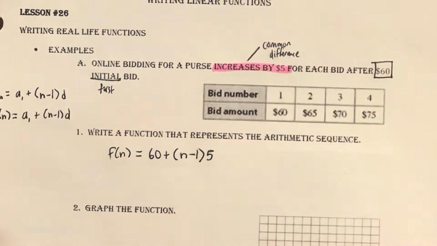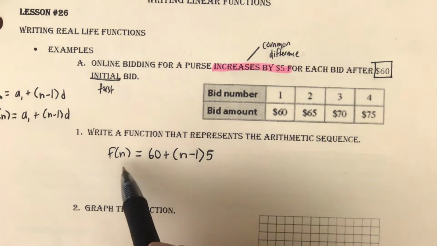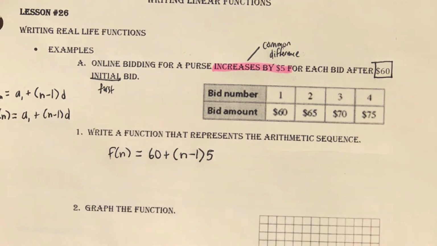So times 5. And that would be my function for this. And I could use that information if all they tell me is the place or position of the term, the n, right? I could plug that information in here and figure out what the term was in the order of the bidding. All right, so that would be how we write the function of this arithmetic sequence.